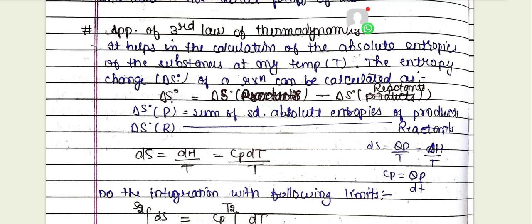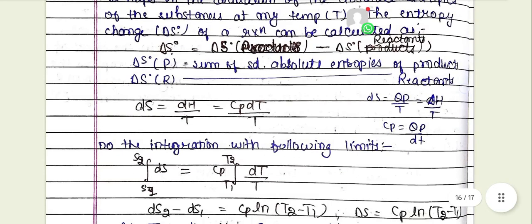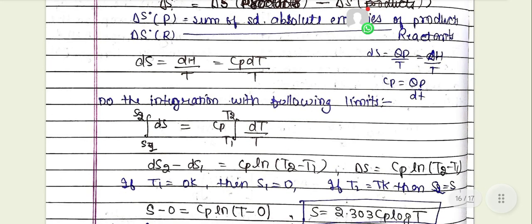The entropy change of a reaction can be calculated as dS is equal to dH upon T, that is Cp dT upon T. Cp is equal to dQp upon dT.